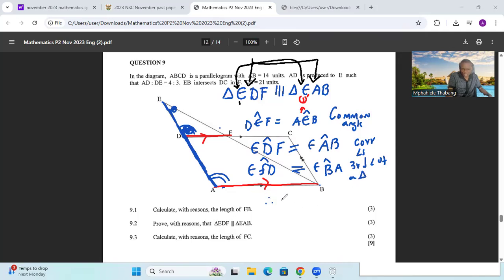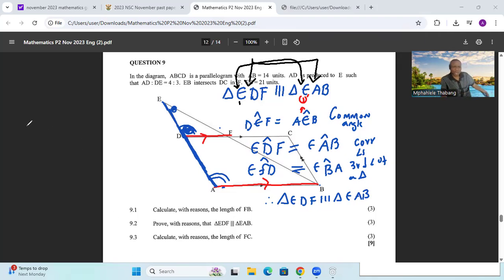Therefore, the triangle EDF is similar to the triangle EAB. So I have shown you that the two triangles are similar simply by working with angles, by showing that we have angles that are equal.